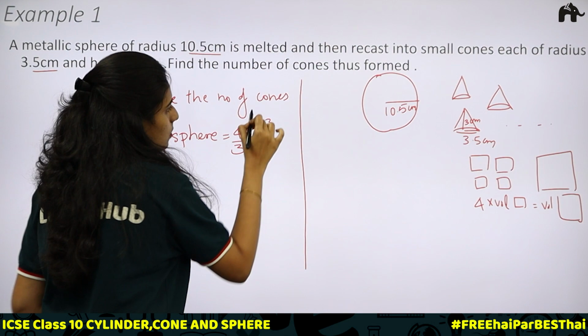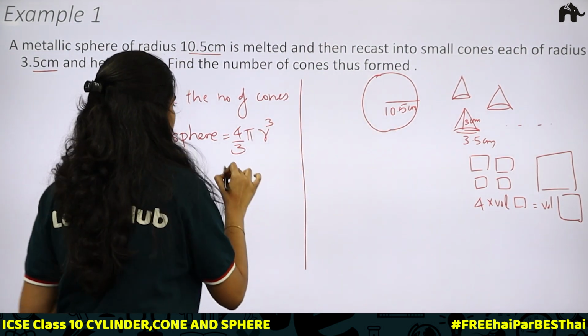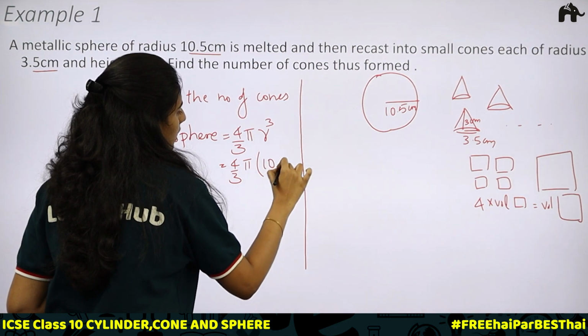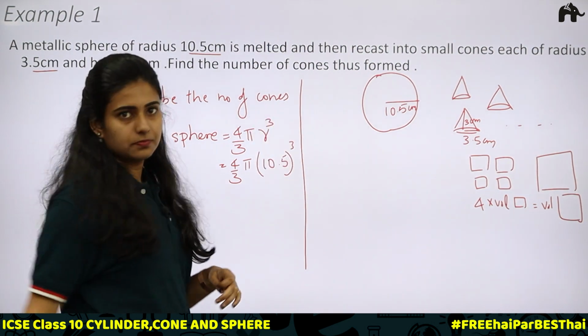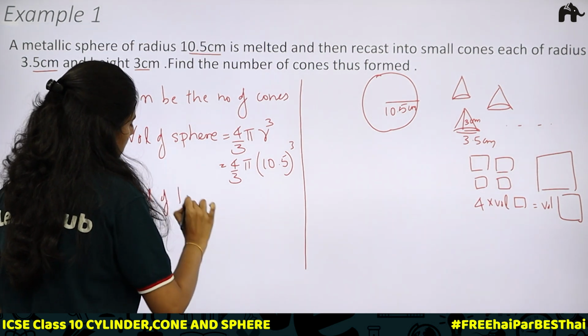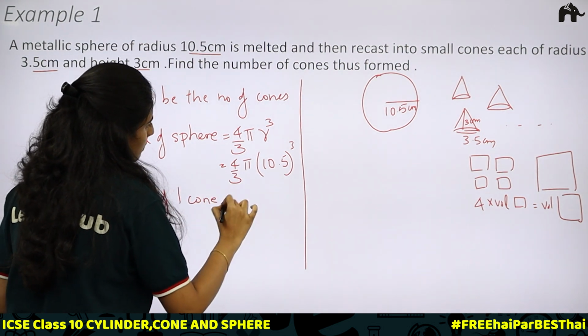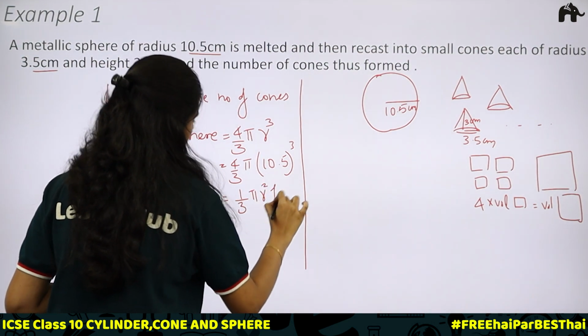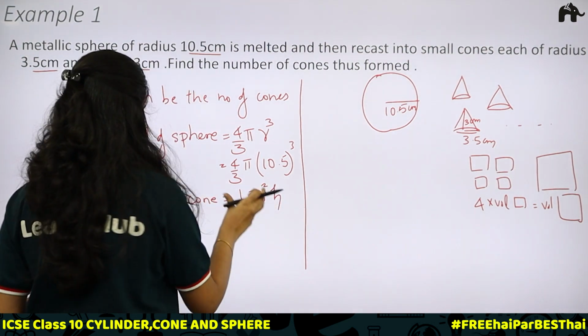First we need the volume of the metallic sphere, that is equal to 4 by 3 pi r cube. Here the radius is 10.5, therefore 4 by 3 pi 10.5 cube. Next we need the volume of one cone, which is 1 by 3 pi r square h. This is the formula to find the volume of a cone.